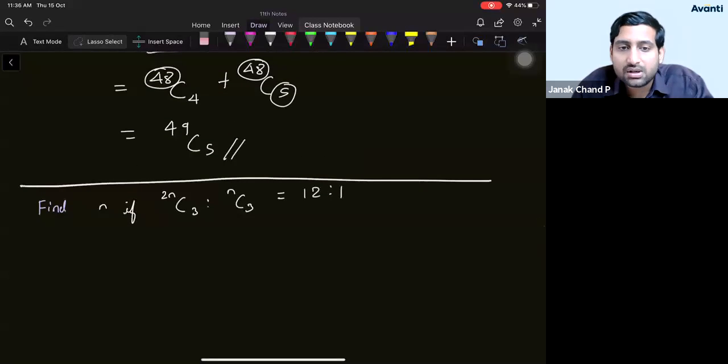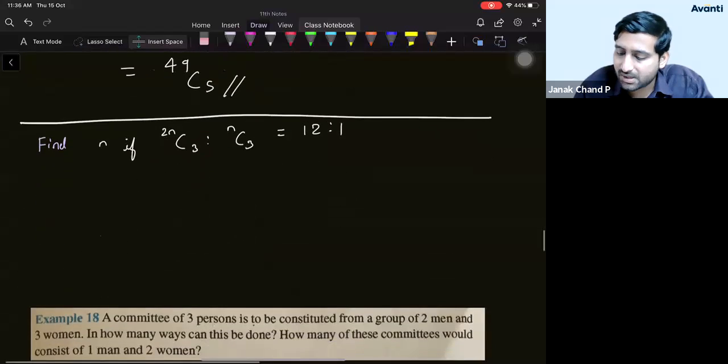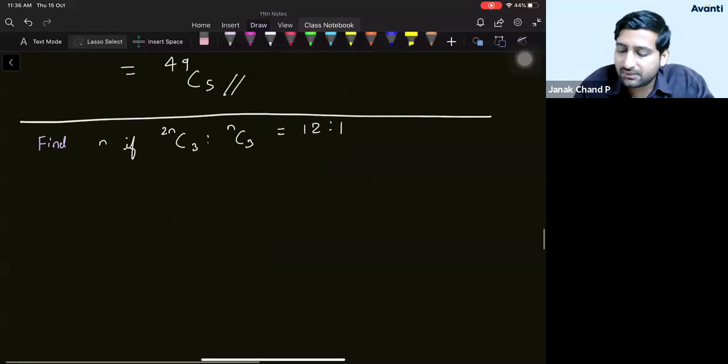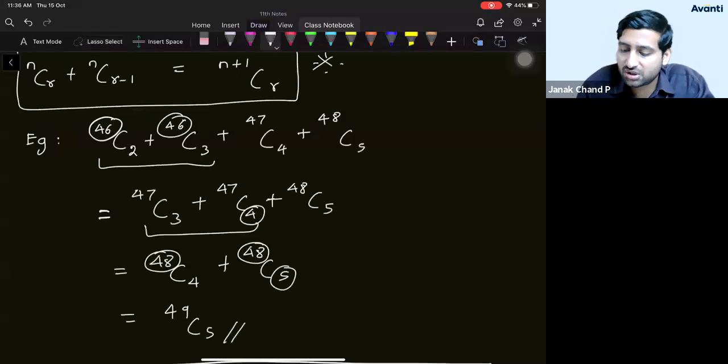Let us now solve some questions based on these formulas. The first one. This is a formula question without any word statement. This is just a solving kind of question. I hope students you remember we solved a similar question in permutation also.